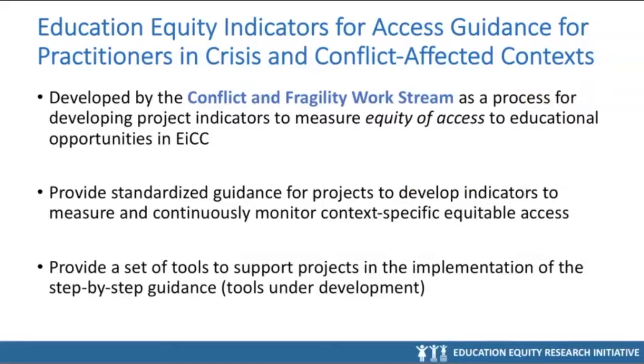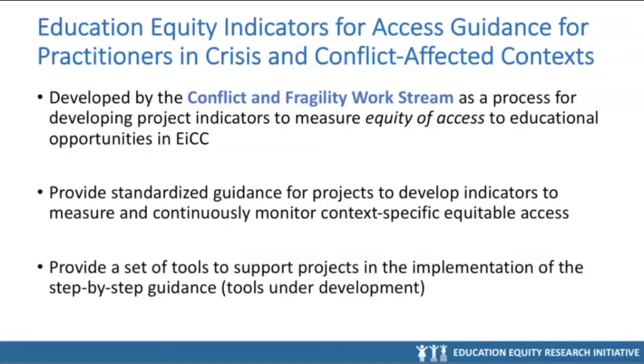The guidance emphasizes that patterns of exclusion are very context-specific and that the choice of indicators will depend not only on the equity dimensions that are relevant for that specific context, but on the design and the purpose of the interventions that will be in response to the specific barriers and patterns of exclusion in that context. So that is why, rather than simply developing a list of ready-made indicators, we have formulated this guidance as a process for arriving at customized indicators.